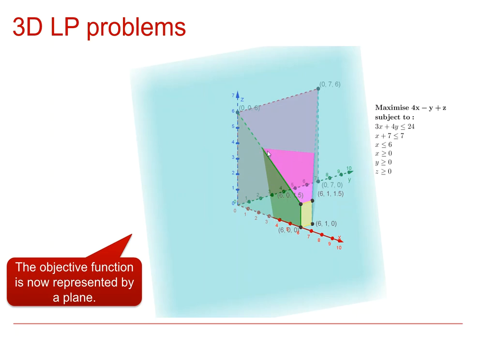We can see here this is where the plane is cutting through the faces of that feasible region, and then as I change what the value of the objective function is, that plane is going to move either towards or away from the origin, and at some point we'll possibly be left with a single vertex just on that boundary, and that would represent the optimal solution.